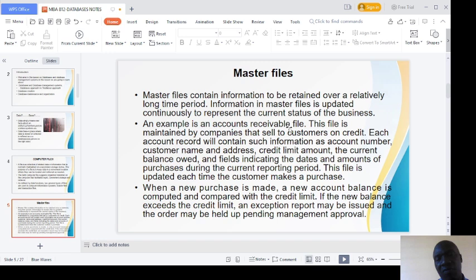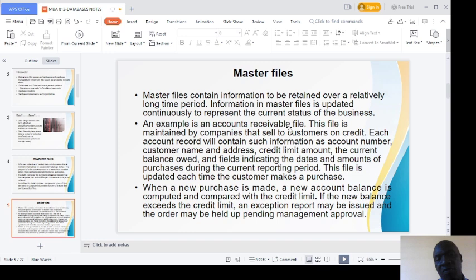Now let's look at another example in accounting and business. An account receivable is maintained by companies that sell to customers on credit. Most of these big businesses do business on credit. So they have an account called the accounts receivable file.